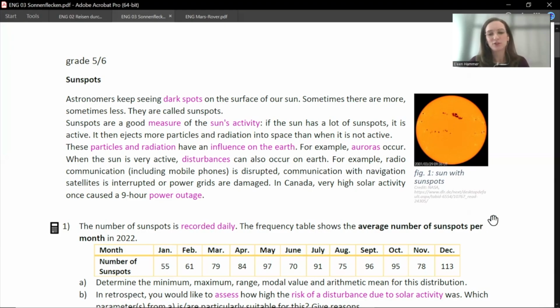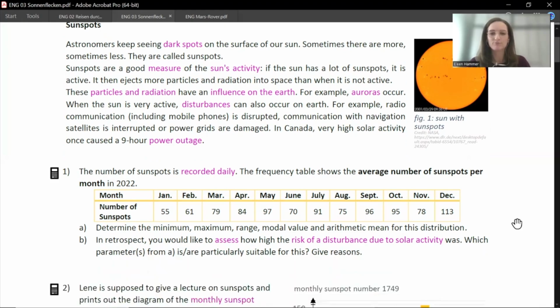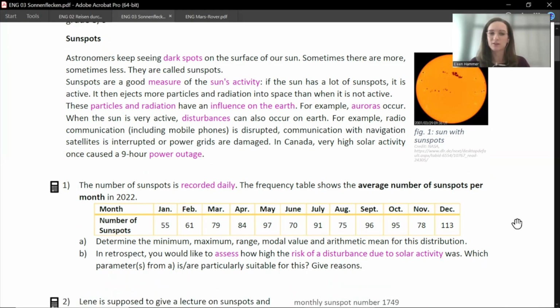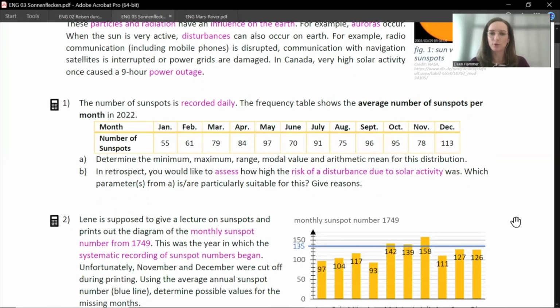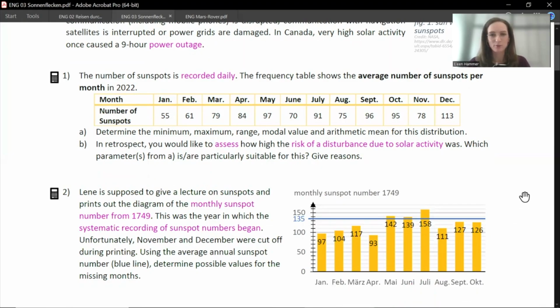Here in the introduction, I tell them about what a sunspot is. It's a dark spot on the surface of the sun, and it's an indicator for the sun's activity. And the activity is important because the activity of the sun has influence on us, on the Earth. And the goal here is to give them a feeling that the sun is ever changing, because here we work with real data, the average number of sunspots per month from different months and years.